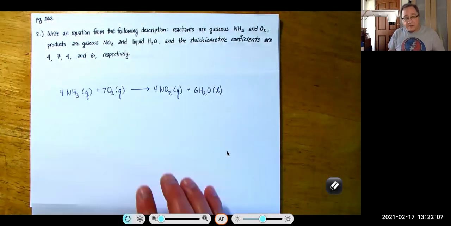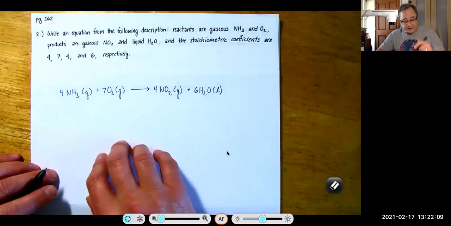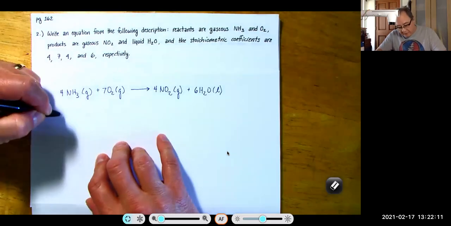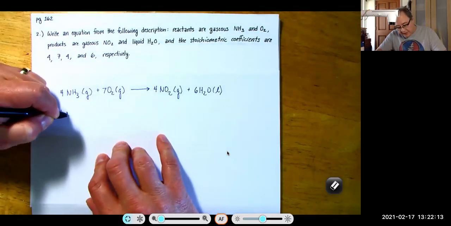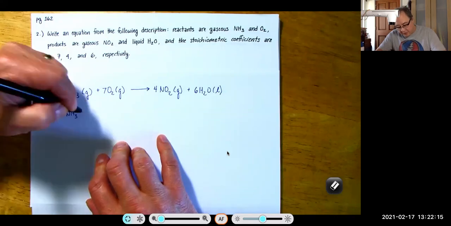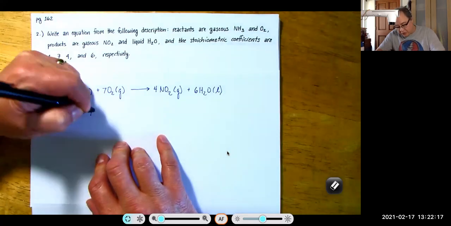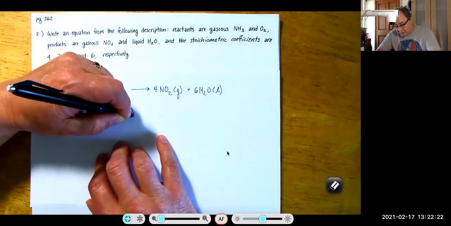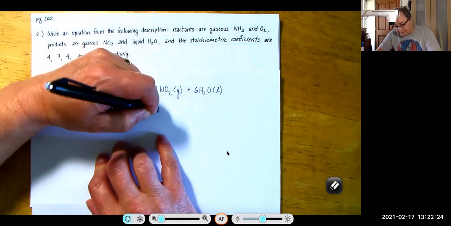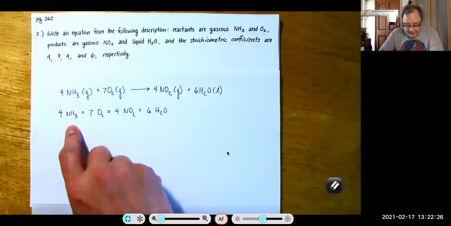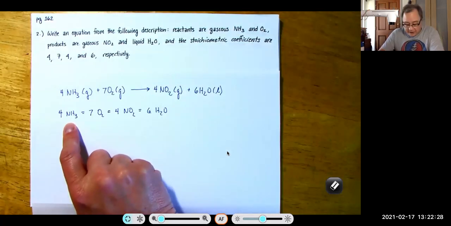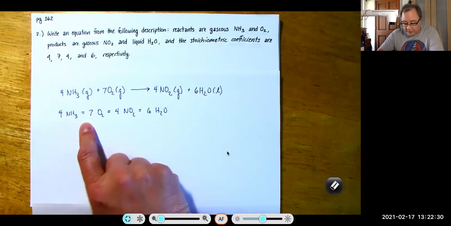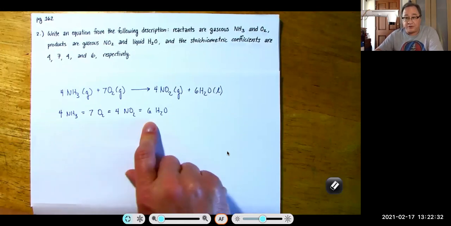And the important thing to remember from this equation are two things. We could say 4NH3 are equal to 7O2 are equal to 4NO2 are equal to 6H2O. And we could even put words here. We could say 4 molecules equals 7 molecules equals 4 molecules and equals 6 molecules.